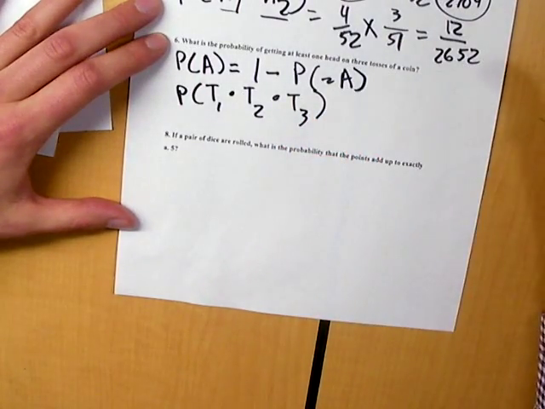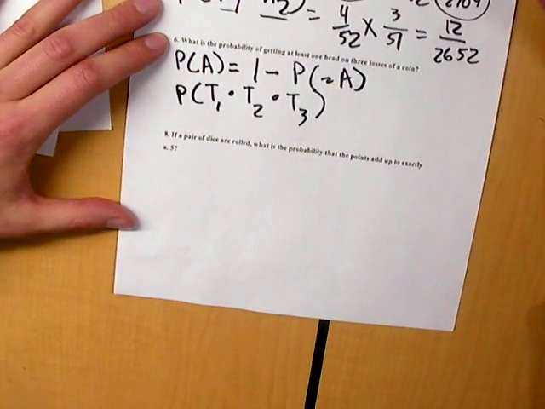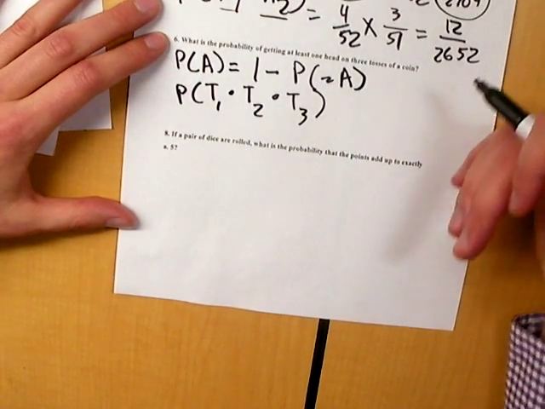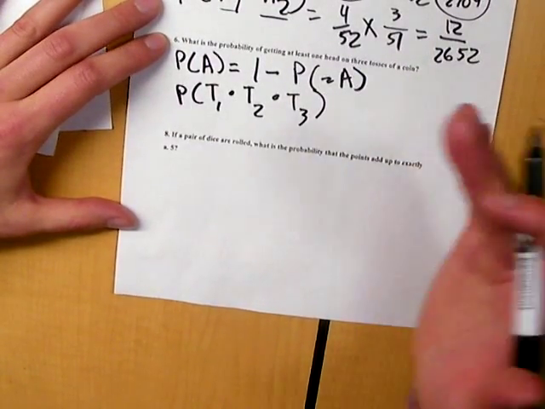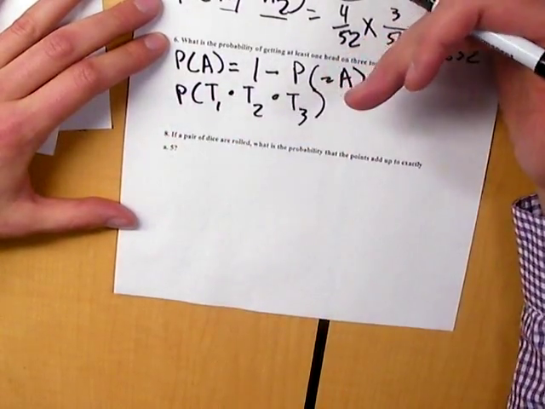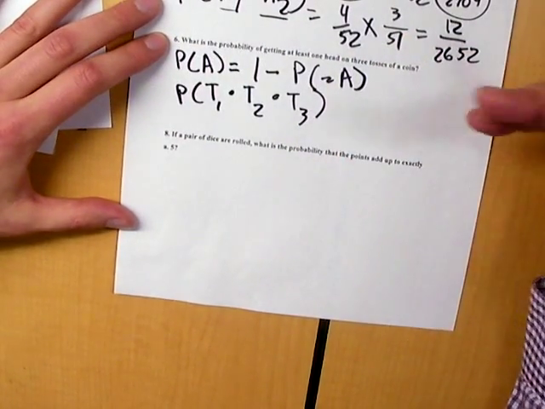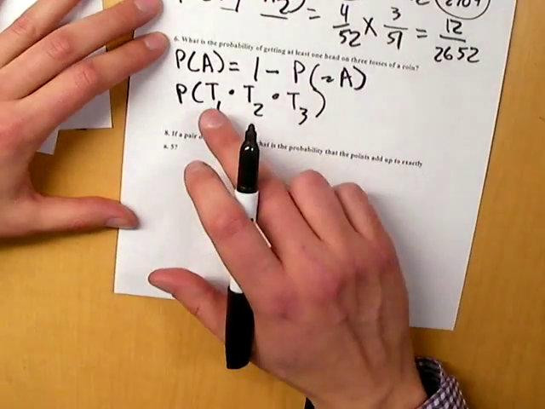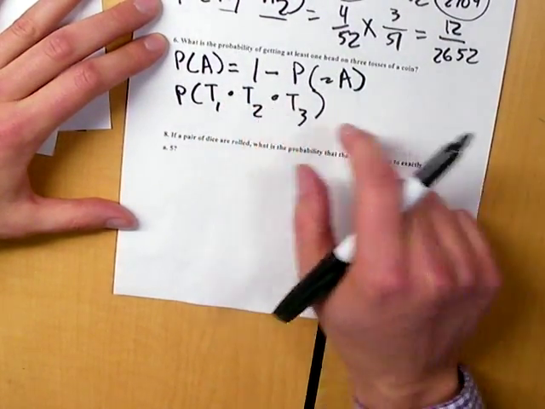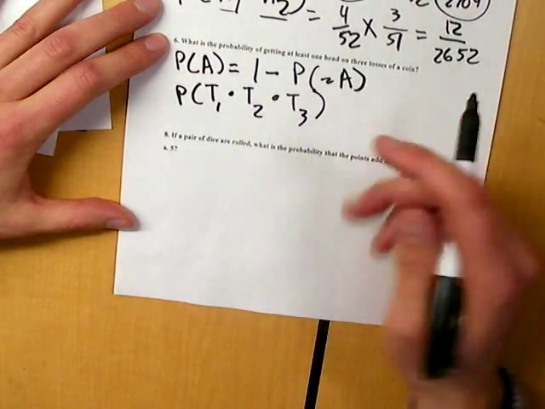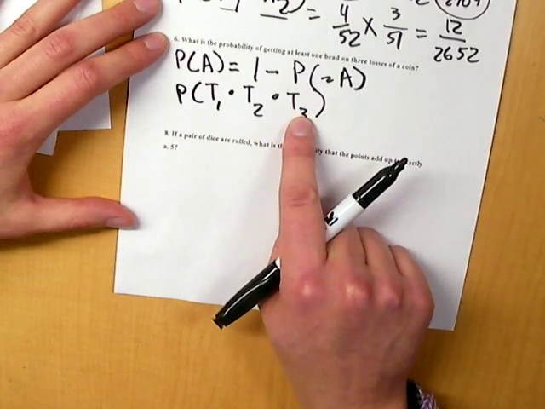To suggest that they are dependent would be to suggest that a coin has, say, a memory, that the coin is thinking to itself, well, I came up tails on the first toss, so let's even things out. I'll now come up heads, which of course is ridiculous. So coin tosses are independent probabilities. It's an and problem, and the probabilities are independent. This one doesn't have any impact on this one, doesn't have any impact on this one.